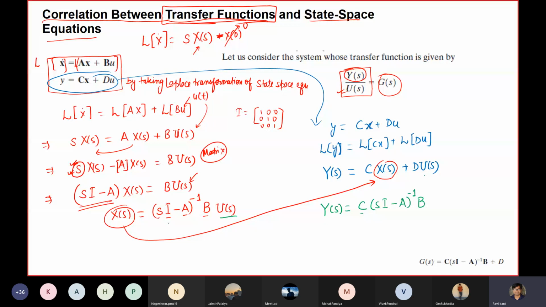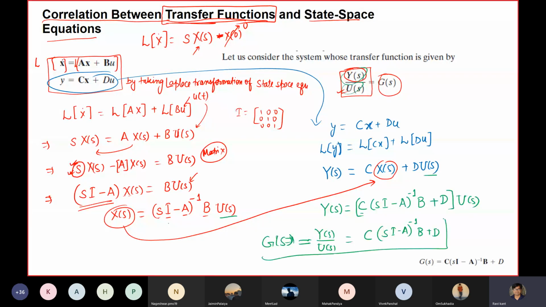You can write it as C times (sI minus A) inverse times B plus D. So now whenever you are given these matrices, the state space system matrix A, the input matrix B, if at all you know the state space, you can actually find the transfer function easily, isn't it?